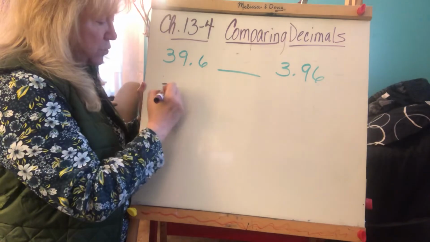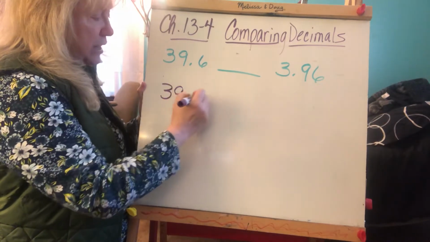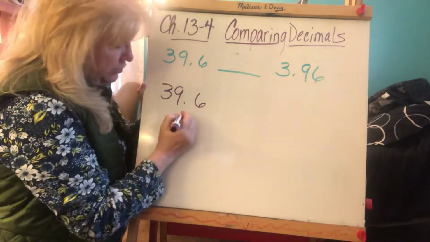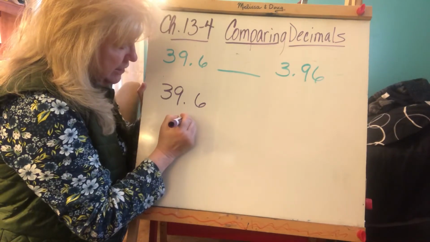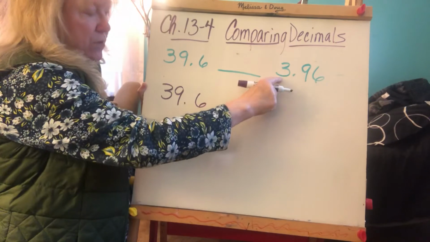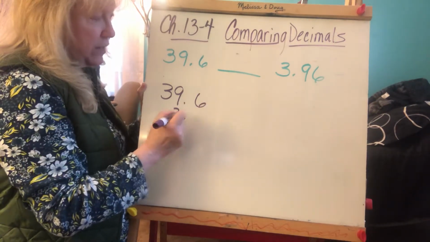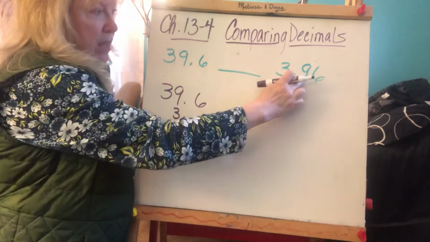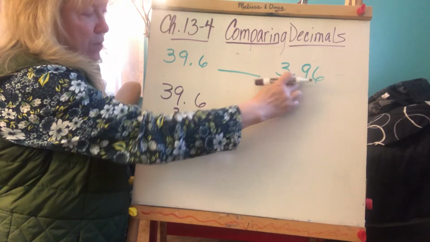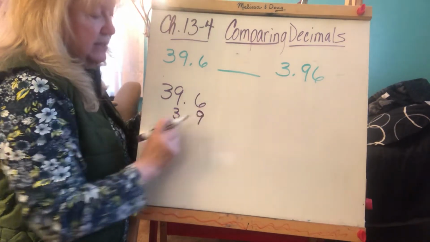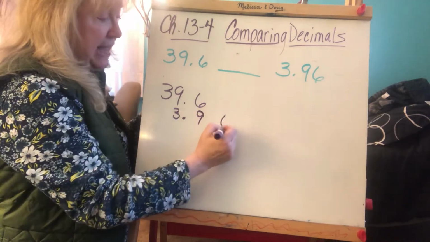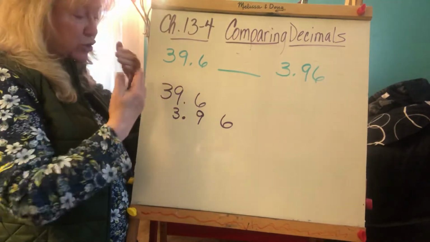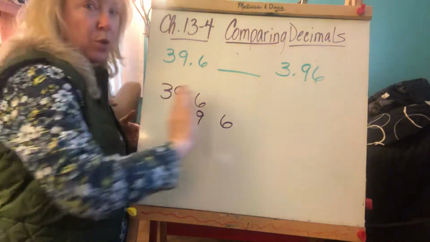We'll put the first one in, 39 and 6/10, and we're going to compare it to this one. Put your decimal point in first. What is right before the decimal point? There's a 3. Is there anything before the 3? No. What comes right after the decimal point? A 9. Does anything come after the 9? Yes, a 6.